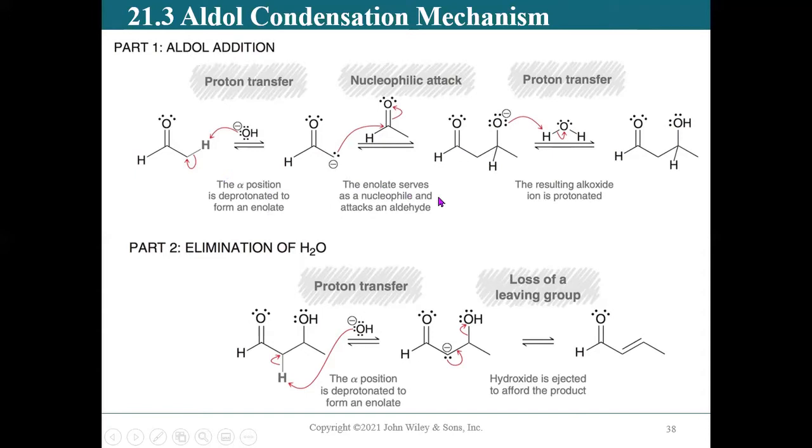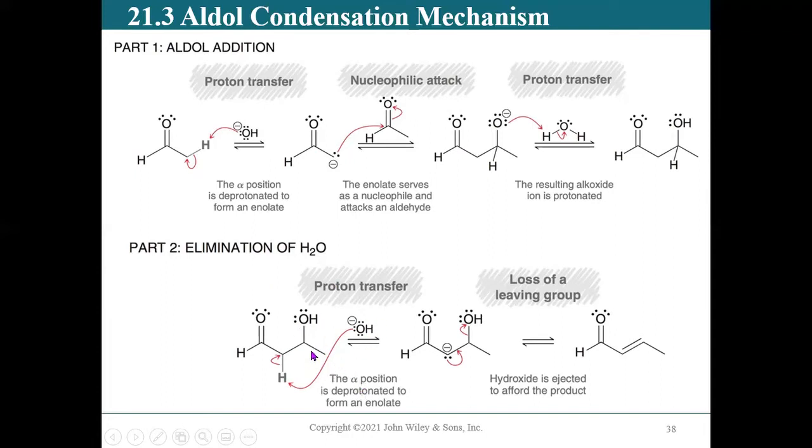The enolate acts as a nucleophile, attacks the aldehyde, and then produces this alkoxide. The alkoxide gets protonated, producing a beta hydroxyl aldehyde. And then this beta hydroxyl aldehyde dehydrates at high temperature.